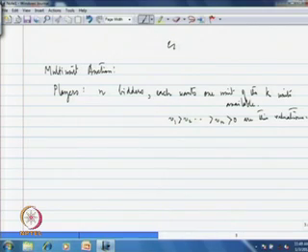Actions. Actions are nothing but bids B1, B2, Bn, and finally preferences.